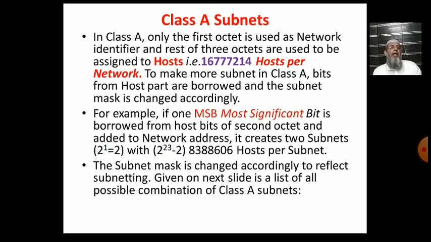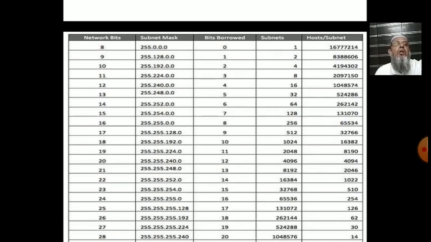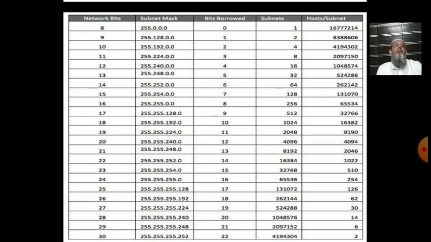Again, if you take the two MSBs of the second octet, then 2 raised to 2 will be 4, which means we have 4 subnets. And approximately here we have 41 lakh hosts per subnet. So it shows the combination of the subnet mask.